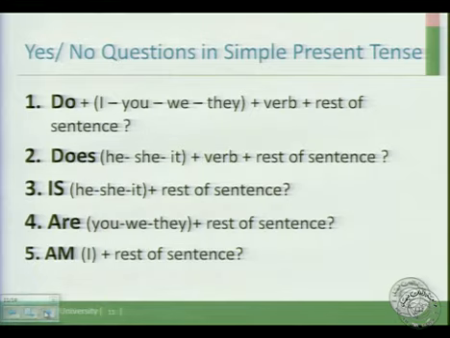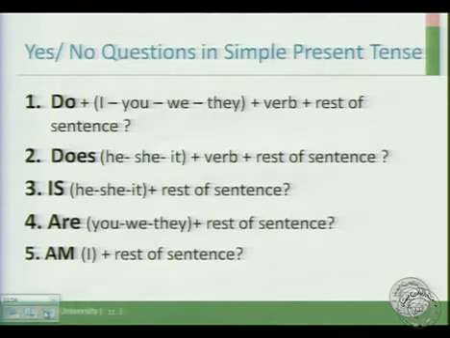If we have is, am, are in the sentence, we did not talk about them last time, and today we are introducing these auxiliary verbs is, am, are. If we have them in the sentence, we just move them to the beginning of the sentence.